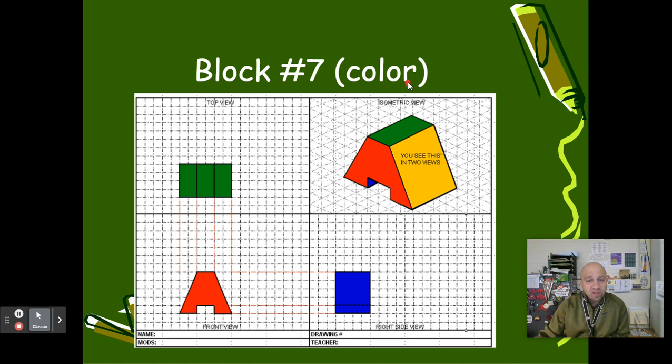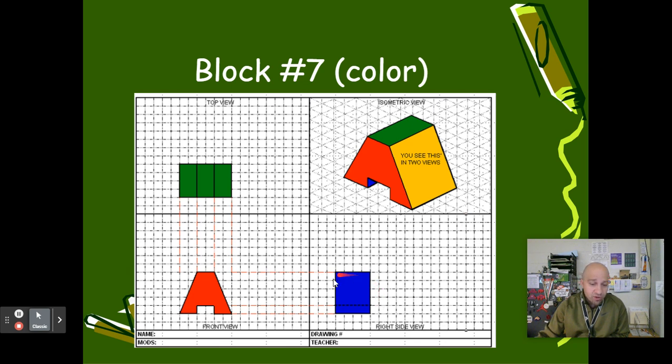When I poke my head over the top and this is green, that's why this is the top view, showing three surfaces, the one that I cannot see from this angle, this one here on the top, and also this surface here. The reason why this is yellow is because this particular surface can be seen in more than one view. That means that I'm going to see it when I'm looking down on the top, and I'm also going to see it when I'm looking over here from the right-hand side.